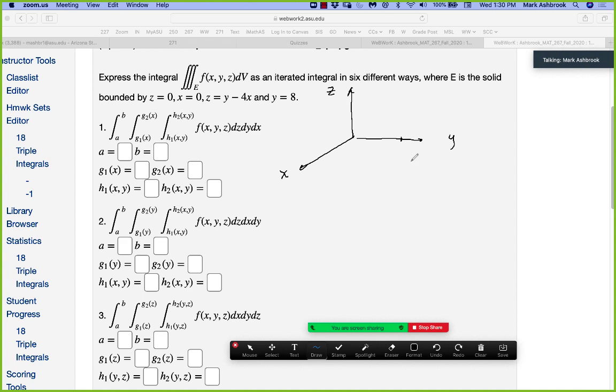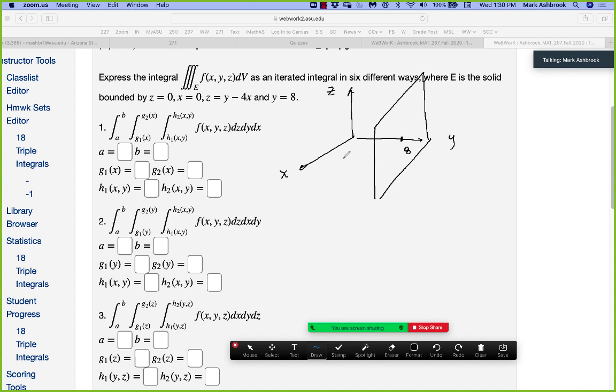I'll just sketch y equals 8 first. Looks something like this. That's a vertical plane through y equals 8.